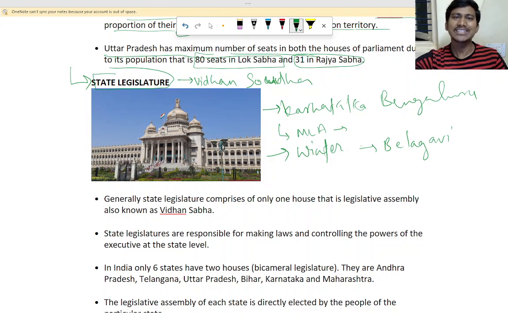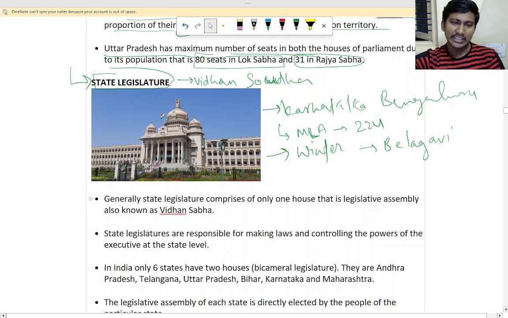So the lower house is the legislative assembly, like Lok Sabha in the union. In the legislative assembly, how many seats are there in Karnataka? 224 MLAs. That is the lower house. Got it?